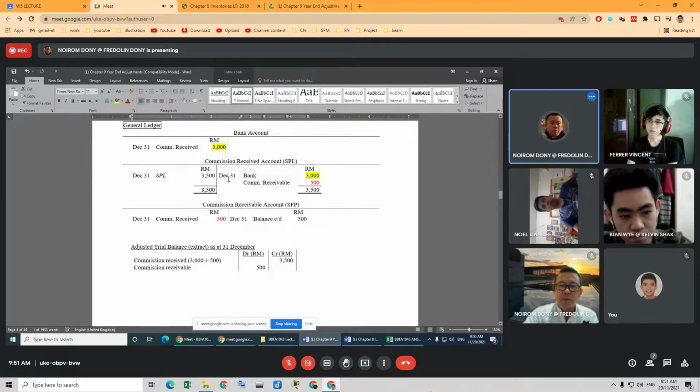And then commission receivable is a statement of financial position item, so we have to balance it off. This is a debit entry of 500, so debit is more than the credit side. The credit total is 0. So we make this figure 500 here and put the particular as balance c/d, and below the total, balance b/d.